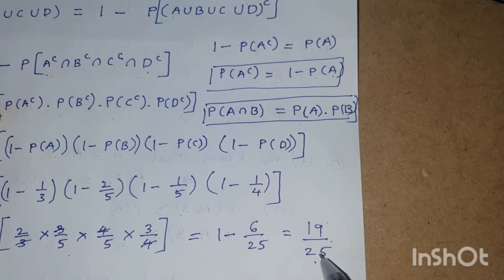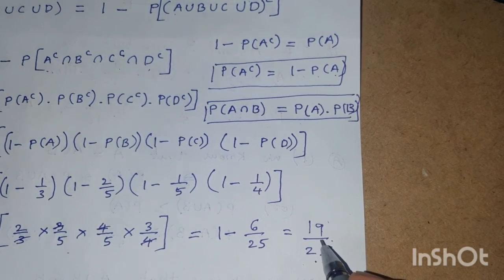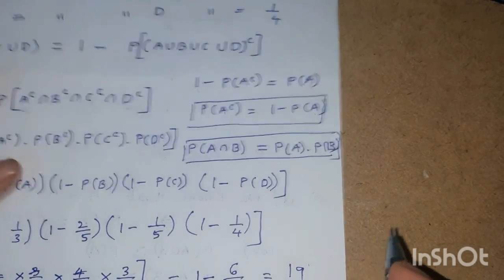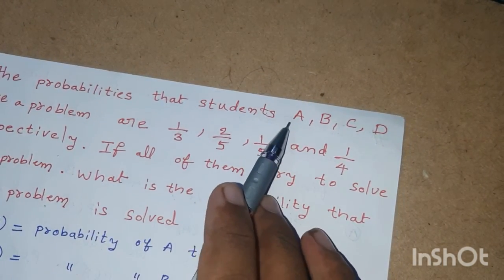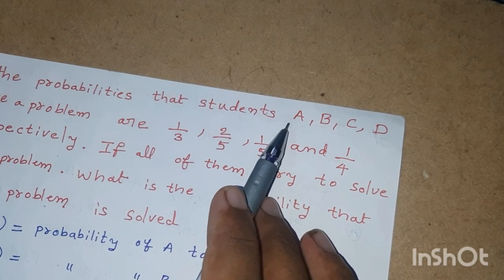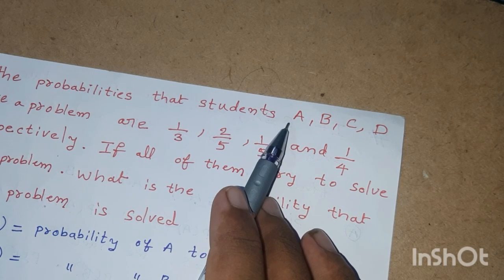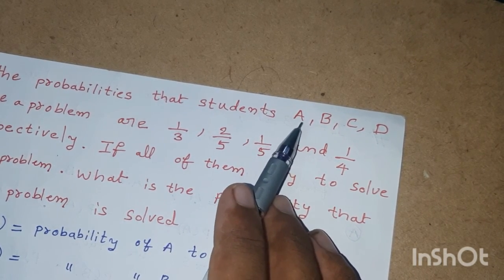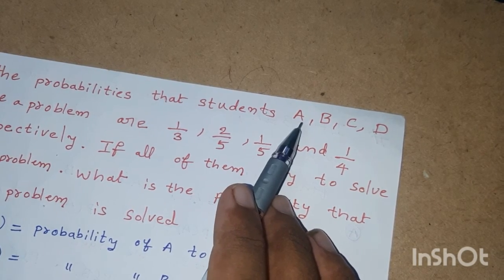Check yourself. That means the problem will be solved 100% because there is a brilliant student, capital A. Even if they all solve the problem together, the problem will be easily solved.